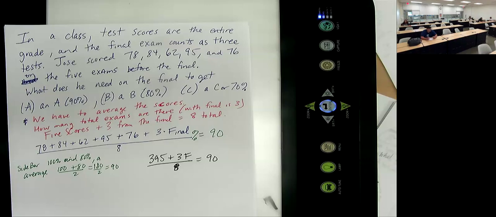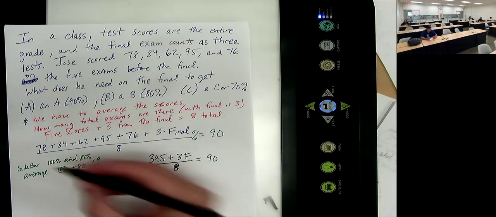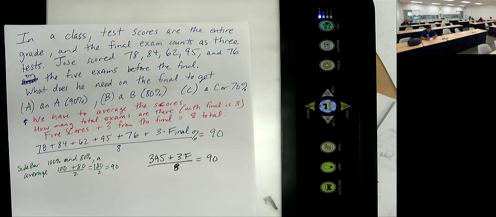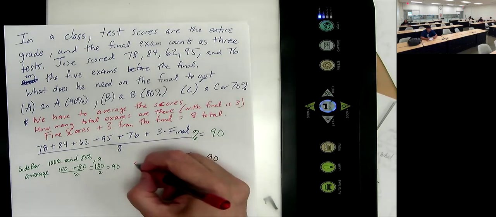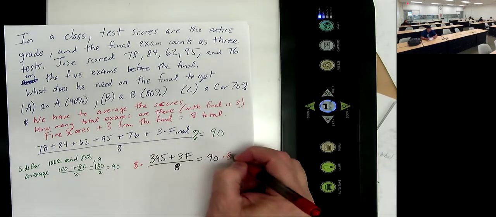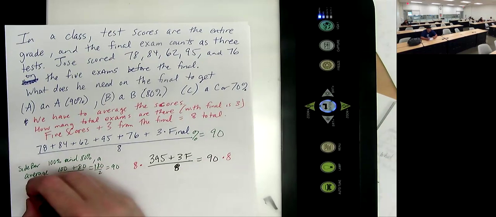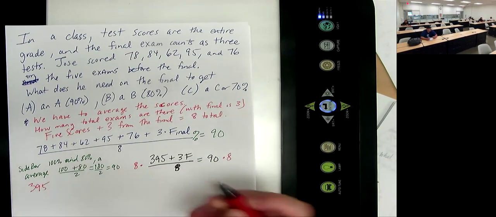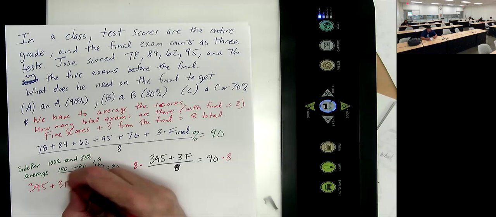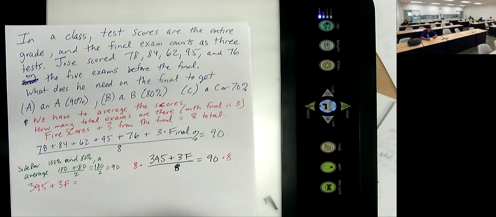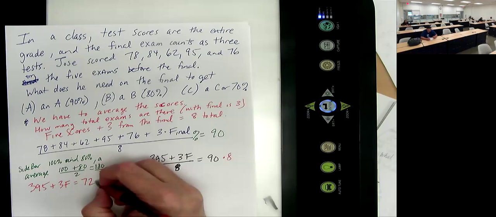So the first thing we're going to do is clear the fractions by multiplying both sides by 8 to get rid of the fraction. If I do that, I have 395 plus 3F on the left equals 90 times 8, which is 720.